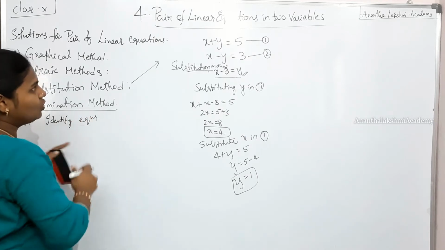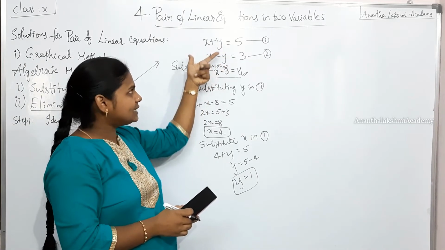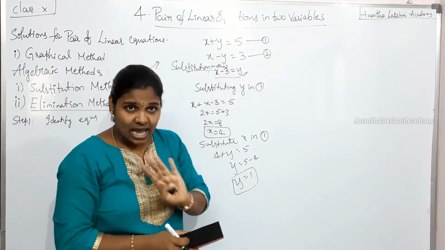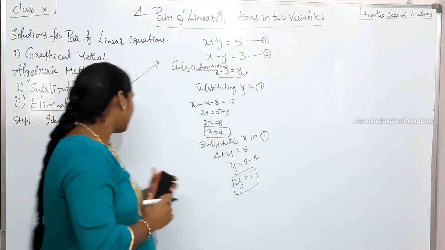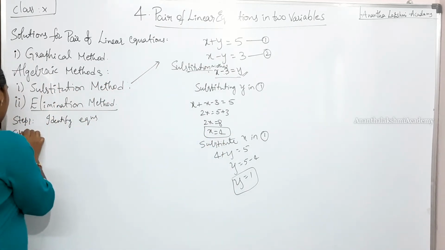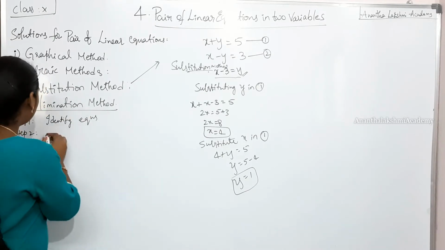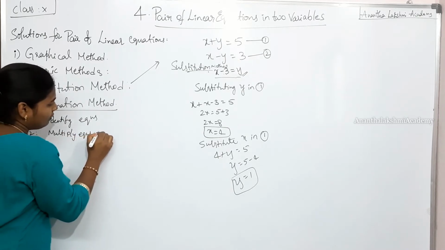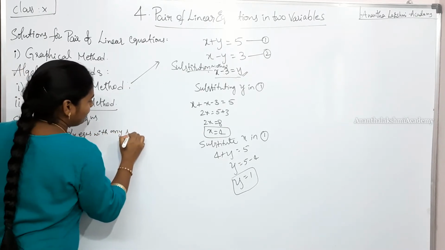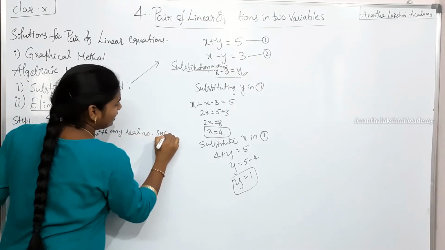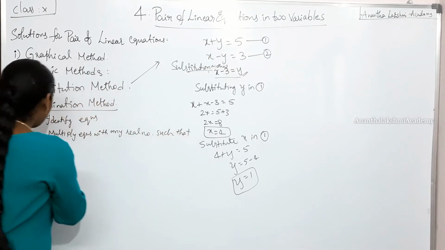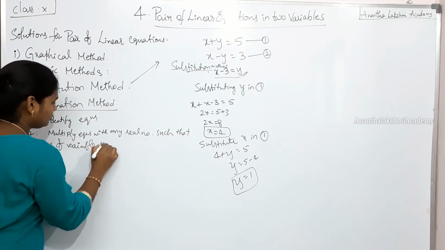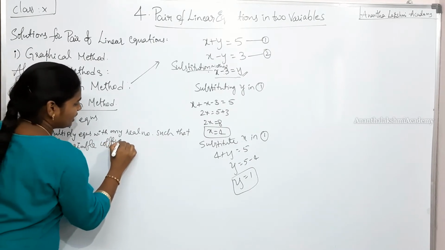Now looking at it, since these are linear equations and the x and y are not having any coefficients, it is well and good. If they have any coefficients like 2x plus 3y, we need to multiply equations with any real number such that one of the variable coefficients are equal.